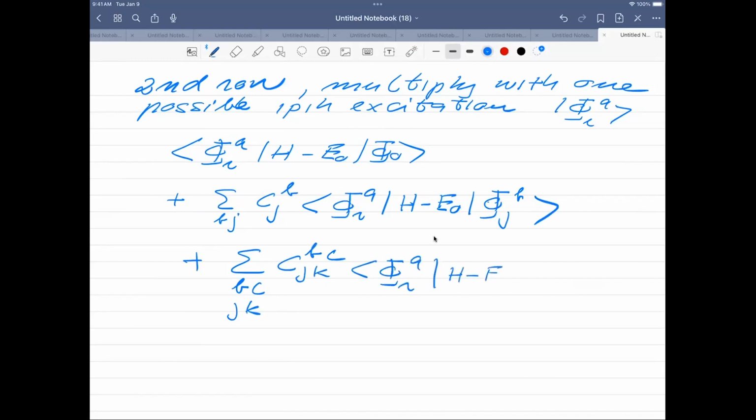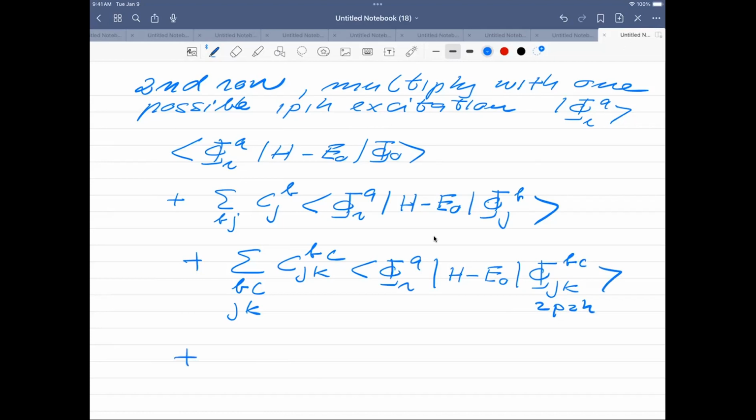I have an E minus E0, but now the E0 term will disappear again because I have a two particle, two hole excitation, and that term is just a constant. So we'll have a BC, so this is my two particle, two hole guy. And since I have a one particle, one hole state, with a two body interaction, I can connect with a three particle, three hole state.